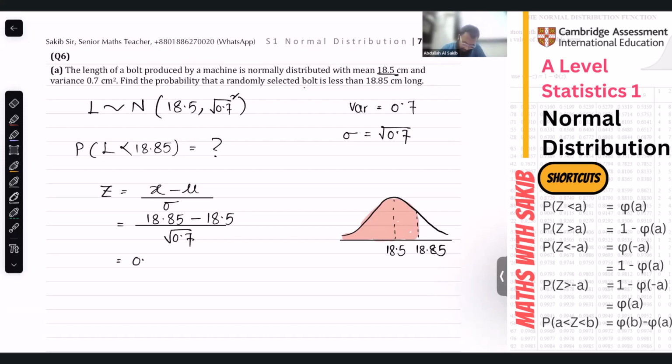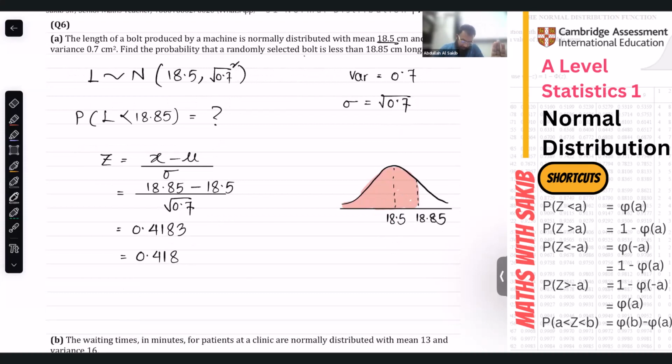So 0.4183. We can calculate from the table up to 3 decimal places. So let's consider 0.418. The question is asking me to find the probability that is less than 0.418. Do you understand why it's saying less than? Because this 18.85 converted into 0.418.